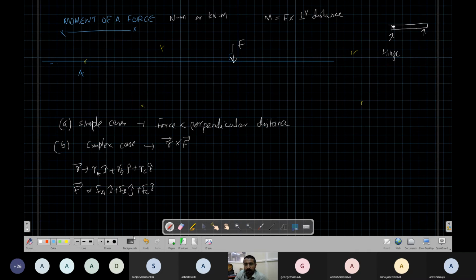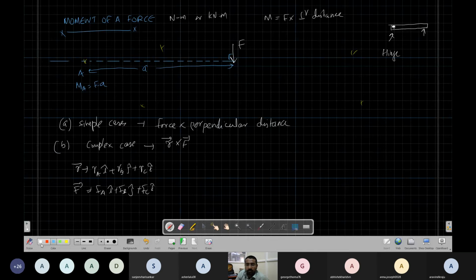Let's say the distance is a. So this is the perpendicular distance. So the moment at A is equal to F times a.